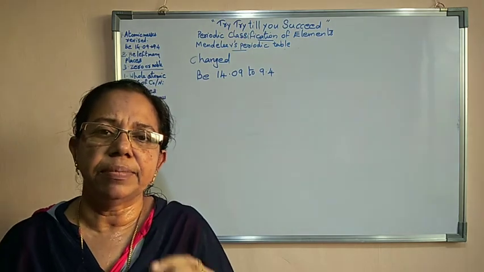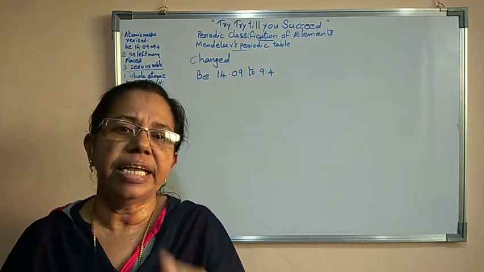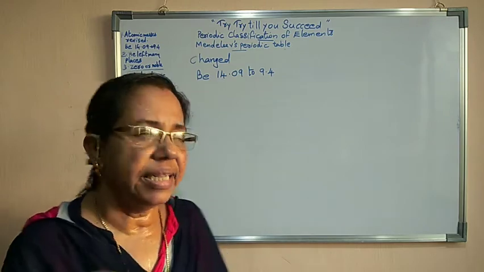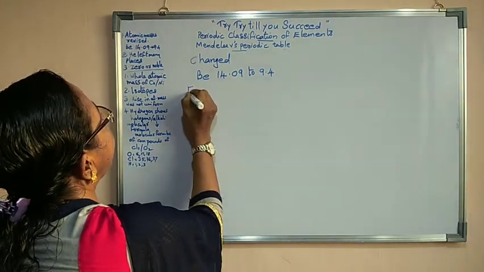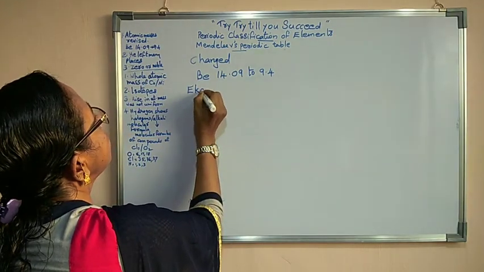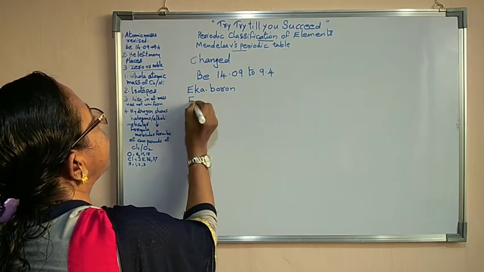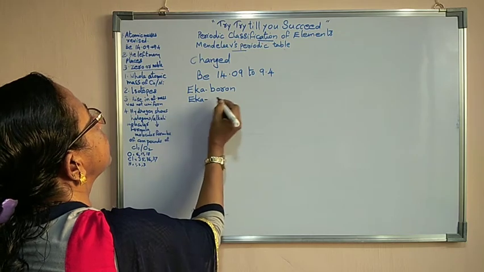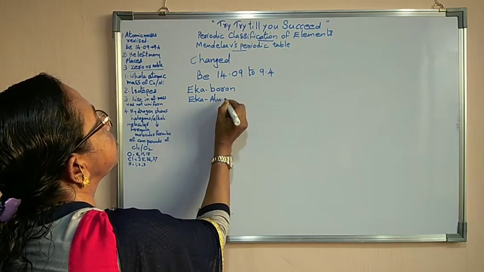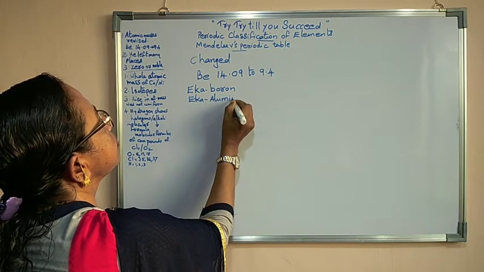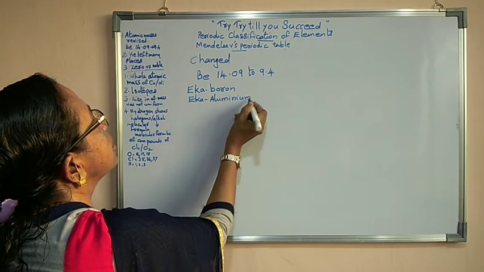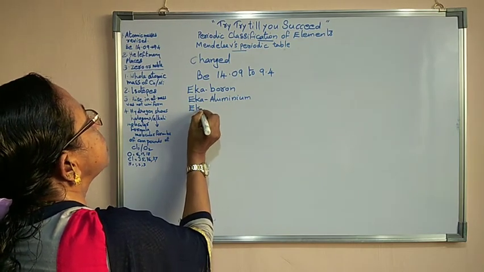In his periodic table, he predicted the names of 3 elements. They are Eka boron, Eka aluminium, and Eka silicon.